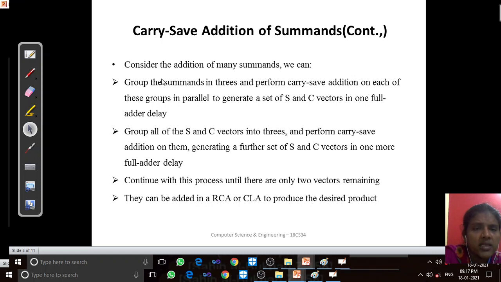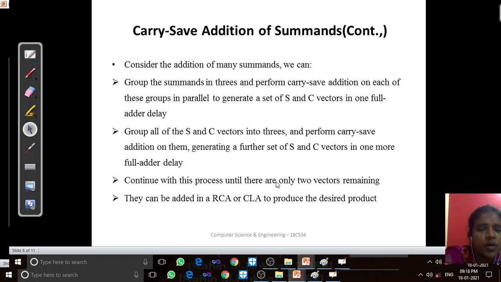Now, how is this carry save addition of summands done? Group the summands in threes and perform the carry save addition on each of these groups in parallel, to generate the set of S and C vectors in one full adder delay. What is one full adder delay? How much was it? It was around 5, right? Group all of the S and C vectors into threes and perform the carry save addition on them, generating a further set of S and C vectors in one or more full adder delays.